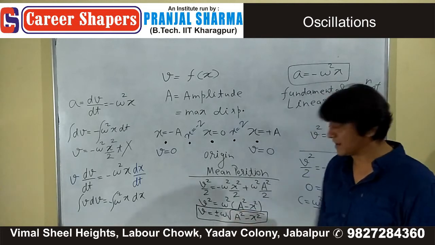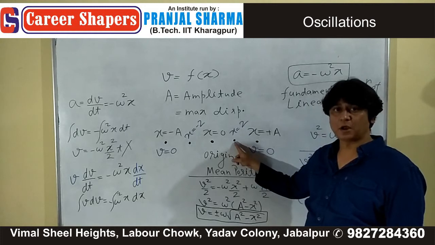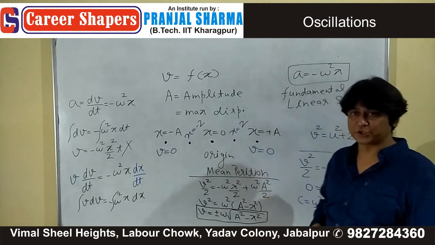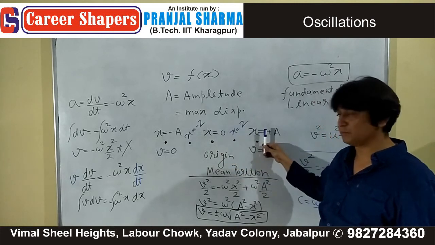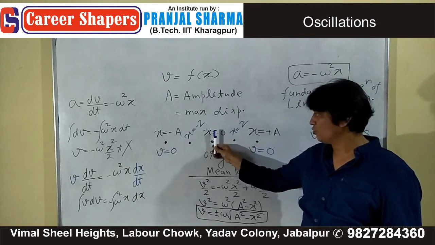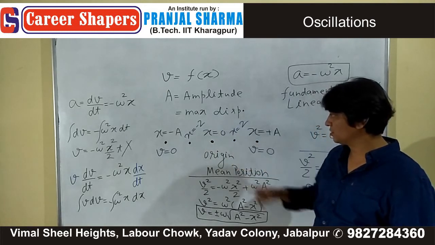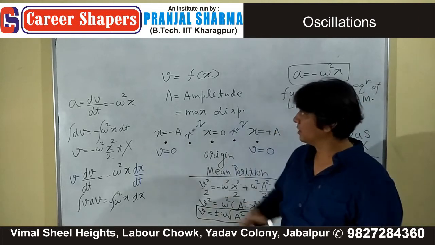Now, look at the plus minus sign. At this position, how many types of velocities do you see? Once you're moving towards the amplitude, then you're moving towards the origin. So while moving towards the origin, look here.